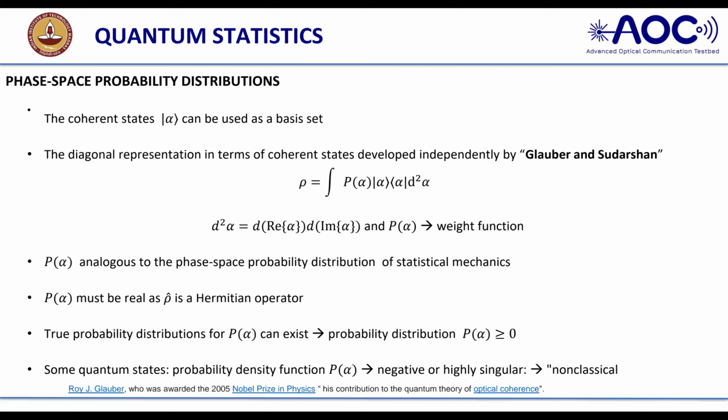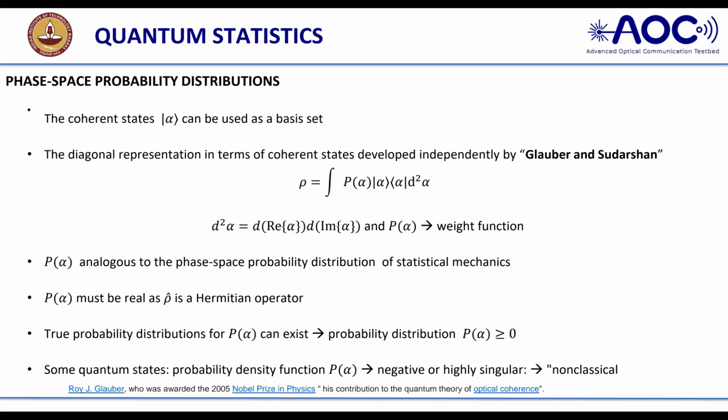So he gave, like how we have studied the density operator, he showed we can also study it in terms of the coherent state representation. And the important part is the P alpha. P alpha, what we are studying as a probability function, P alpha is greater than or equal to 0, right? And the probability sums, and this is analogous to the probability distribution function we have always studied.